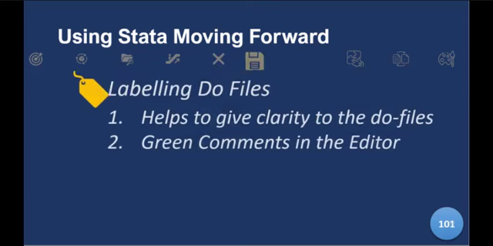Okay. So item number 7, labeling do files. You need to say what each subtask does. And as we go through, we will let you know. That helps us to also assess your thinking and your strategy whenever you write do files.